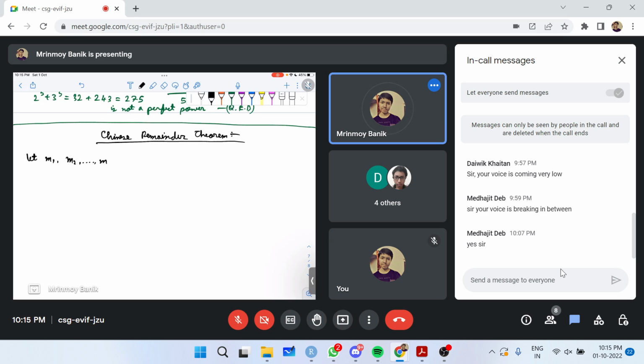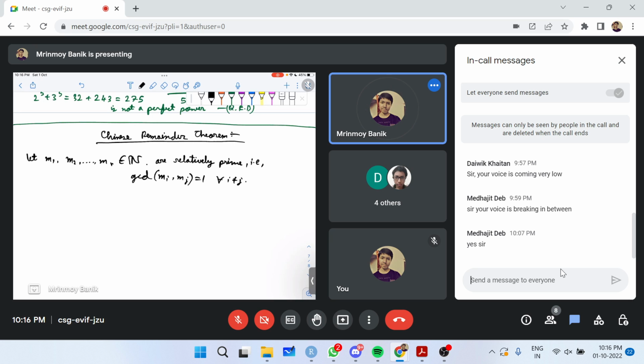They are positive integers, so natural numbers, and relatively prime. That is, for Mi and Mj, the GCD between Mi and Mj is 1 for i not equal to j.